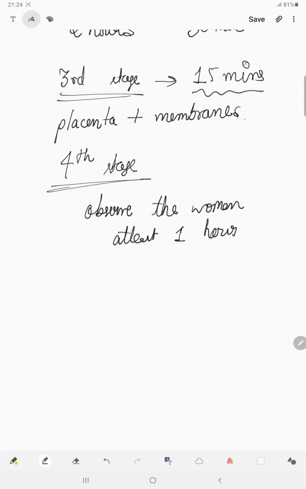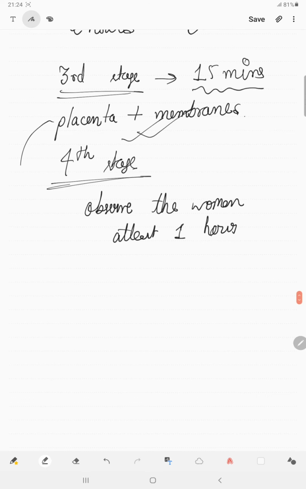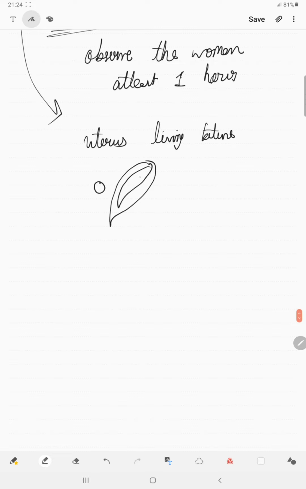Also remember that after the placenta and the membranes have come out, after they've shed off, the uterus is a living ligature. What it will do is it will itself contract. If these are the uterine muscles, they will shorten, they will contract. The uterine muscles have a property of retraction. Retraction means permanent shortening.